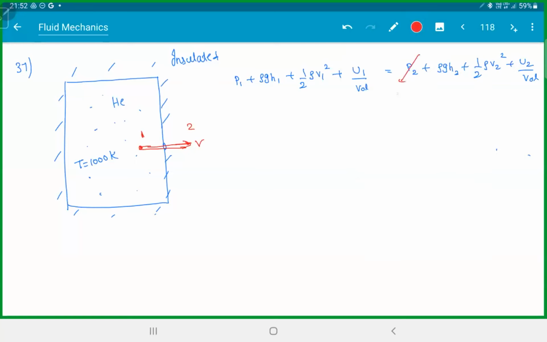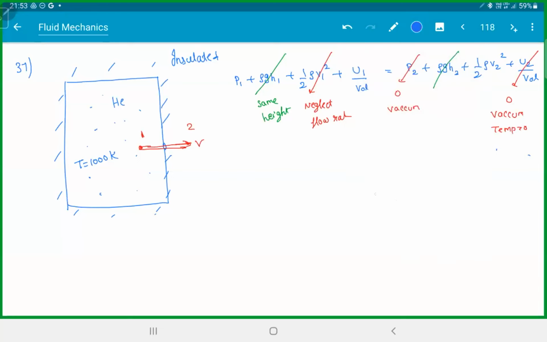This is 0. Why? Vacuum. This and this will cancel, same height. This is 0. We neglect the flow rate. This is 0. Why? It is vacuum. External temperature is 0.